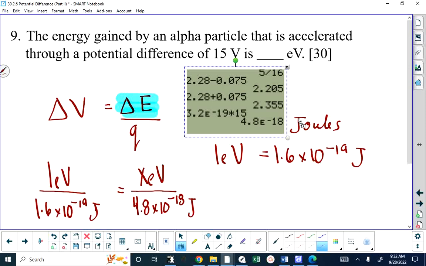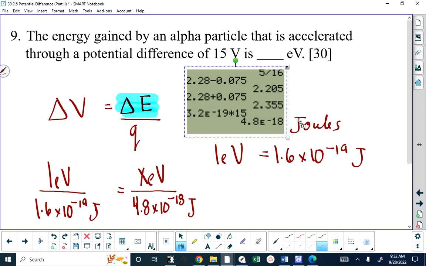An alpha particle accelerated through 1 volt would have to experience a change in energy of 2 electron volts, because an alpha particle has twice the charge. And when you look at this formula, charge determines the change in energy. The bigger the charge, the bigger the change in energy. And what that means is for every volt an alpha particle goes through, it gains 2 electron volts. So if it's 15 volts, it's 30.